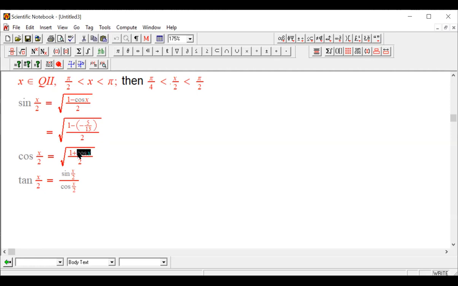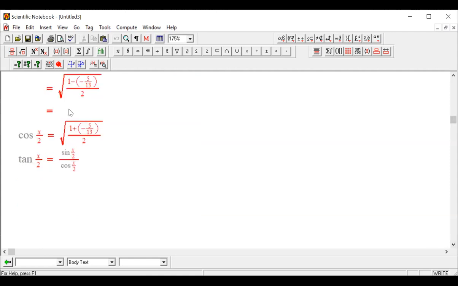Okay, so cosine x will be substituted by negative 5 over 13. If you'd like to pause the video and do it on your own, that'll be great. I encourage you to do that eventually all by yourself.